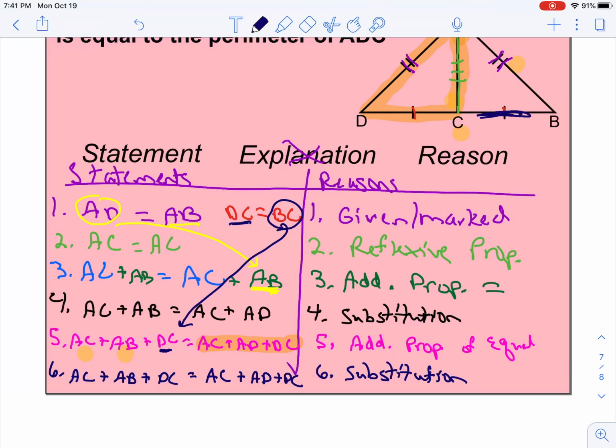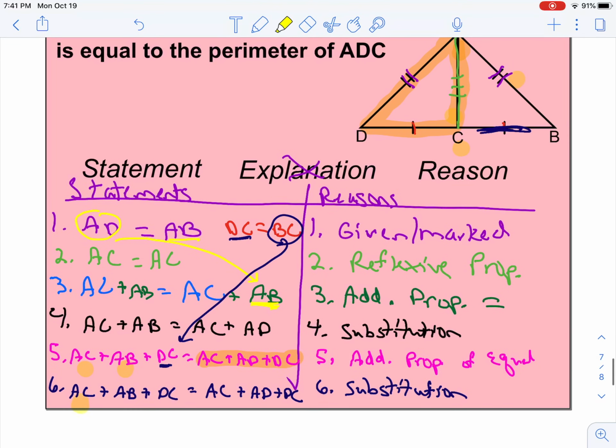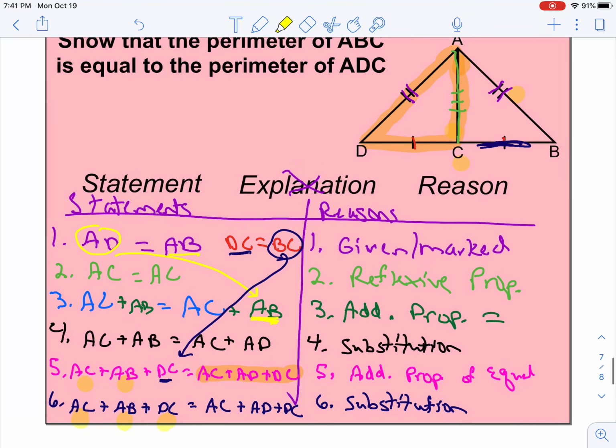And so now if you look at, again, this perimeter right here, AC, AB, and BC, DC. Oh, I forgot to put in the BC. Oops.